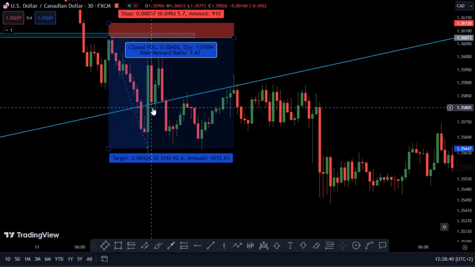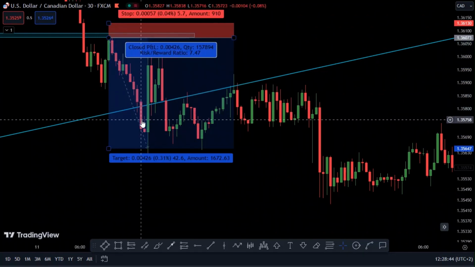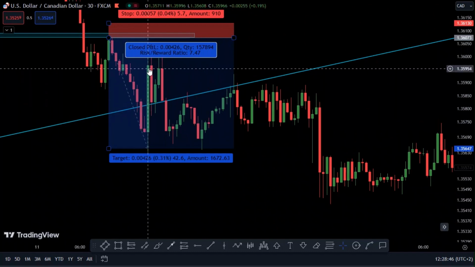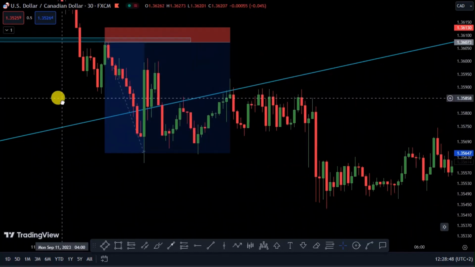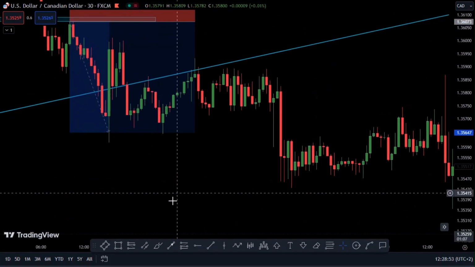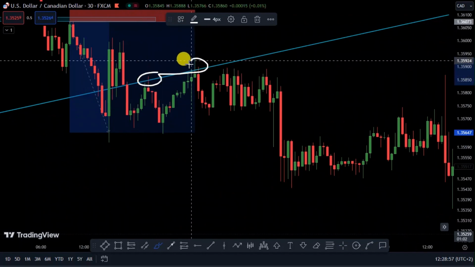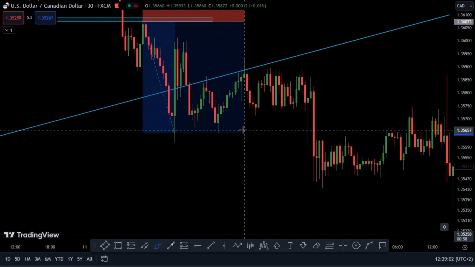That's when I saw that the market isn't respecting this level that much, because we had a breakthrough and another break. So I told myself, you know what, we had a breakout, and you can see that the market rejected, and also rejected again.